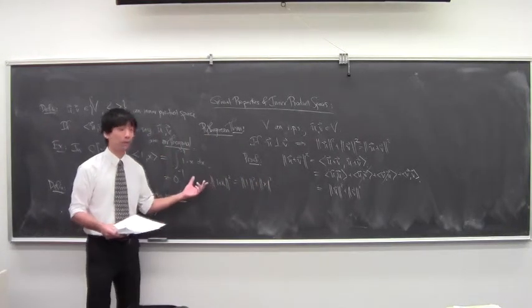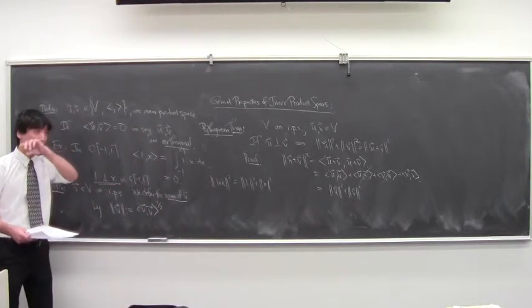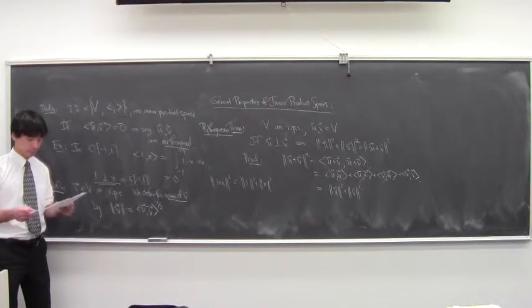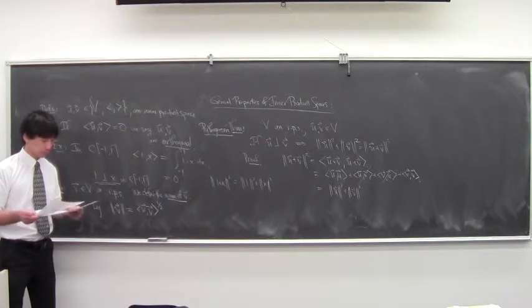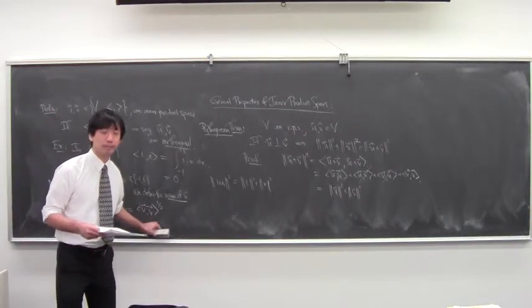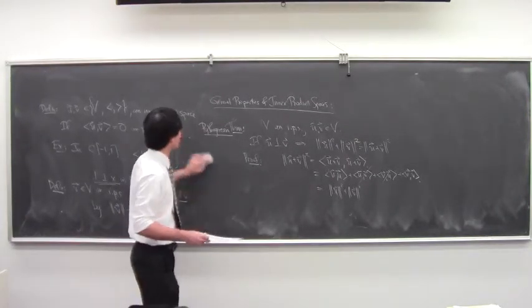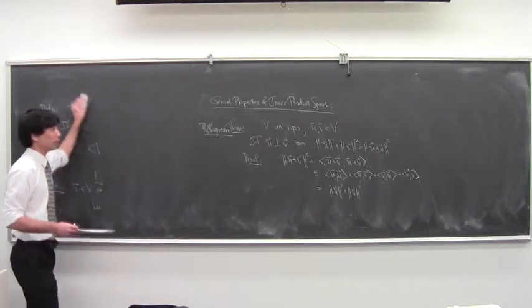This is the sort of thing that's going to hold because these guys are perpendicular to each other. So there's the Pythagorean theorem. Any questions? As you see, the proof just relies on the properties of inner products.